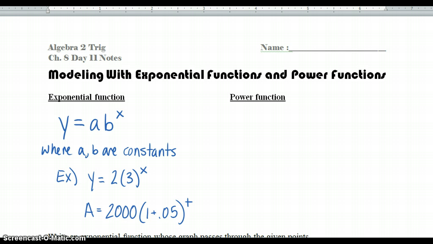Now, power functions, they're very similar. The main difference is that over here we have a variable in our exponent. In a power function, instead, we've got y equals ax to the b. So our variable is actually our base, and then we just have a constant up in our power. So again, here a and b are just constants.